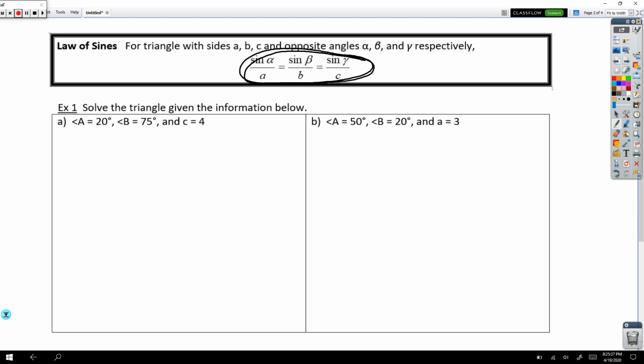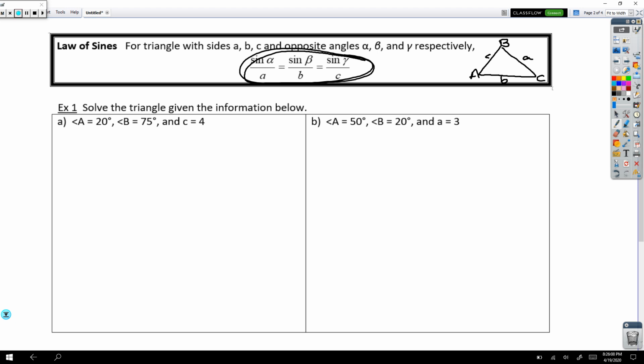Okay, so if you think about a triangle, here's angle A and side A, angle B and side B, angle C, side C. So sine of alpha over A equals sine of beta over B, equals sine of gamma over C. Let's pretend that's an uppercase C, whatever.